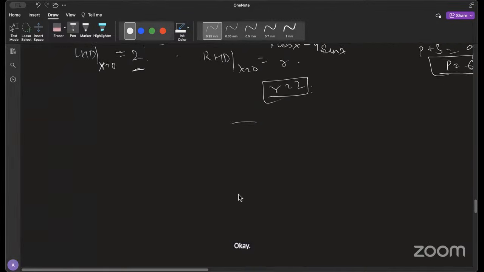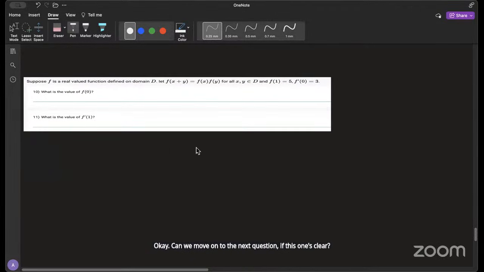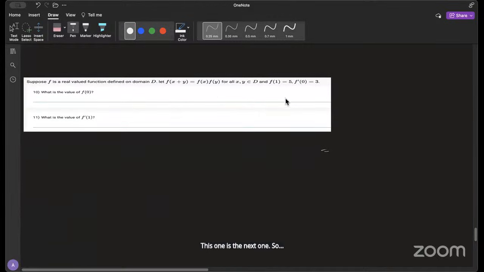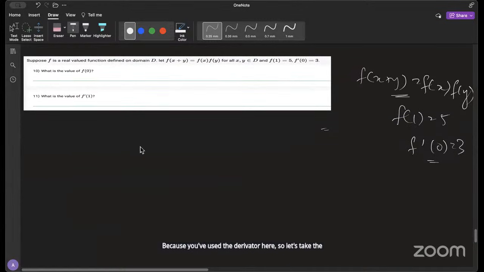Can we move on to the next question if this one's clear? This one is the next one. So you've been given two things here, this and some values. Because you've used the derivative here, let's take the derivative of this function on both sides with respect to x.